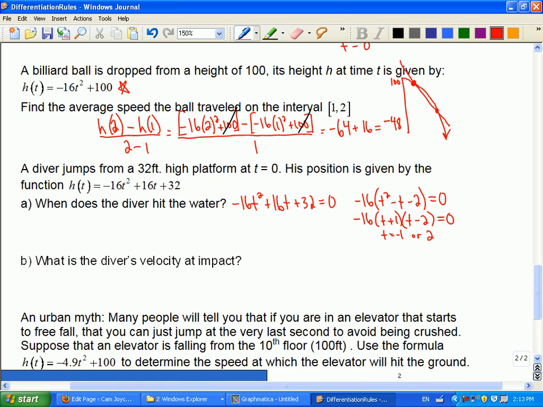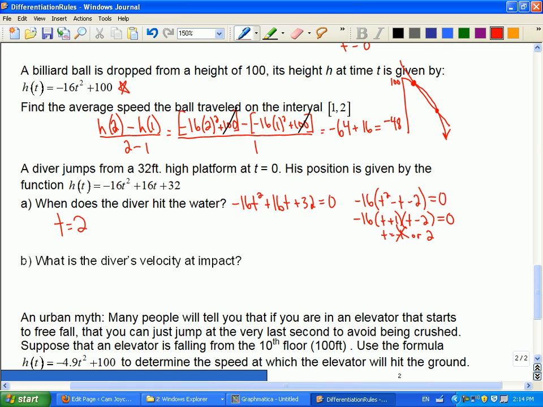Now, clearly the diver did not jump off at time minus or hit the water at -1, right? We're ignoring time before the time right now. It would be 2 seconds after he left the platform. Okay, so you're falling for 2 seconds, and what's the velocity when you hit?